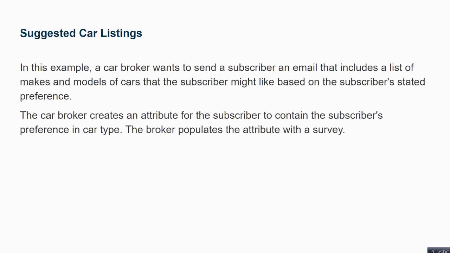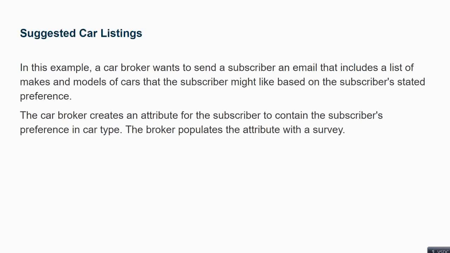The use case is that a car broker wants to send a subscriber an email that includes a list of makes and models of cars that the subscriber might like, based on the subscriber's state preference. Basically, the client has captured some information through a survey, initially through a cloud page.